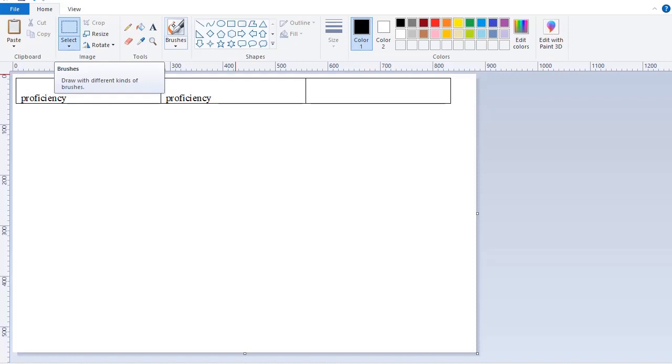Okay? So, ayan, Shensi. Proficiency, we have P-R-O-F and then Shensi. Bakit parehas na proficiency? Okay, so let's just erase this one.